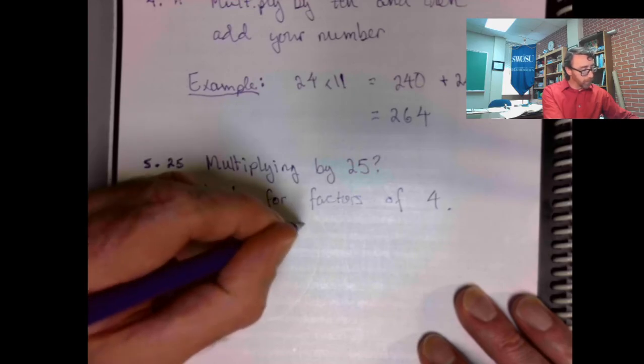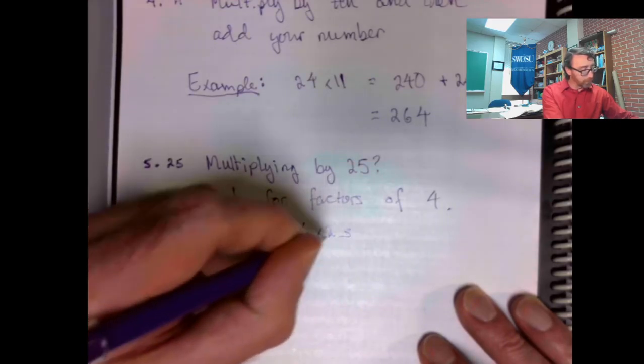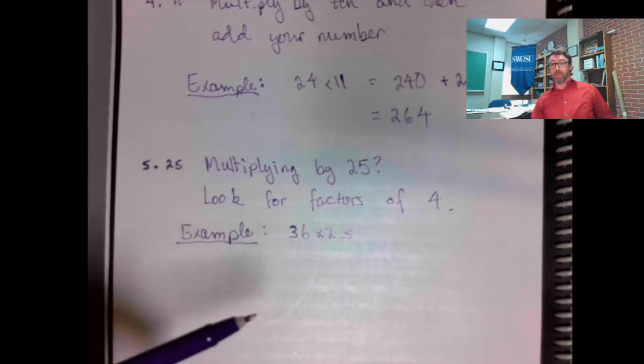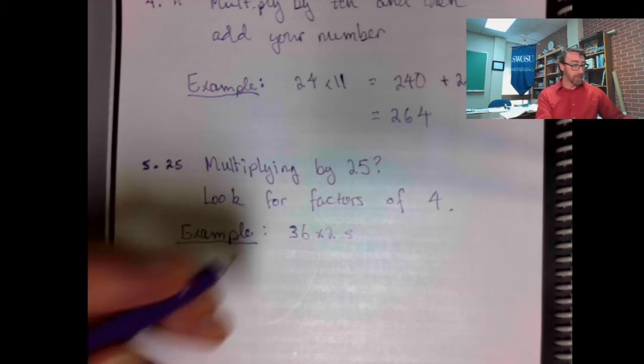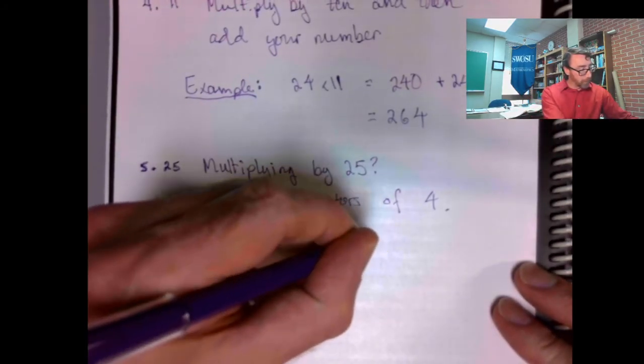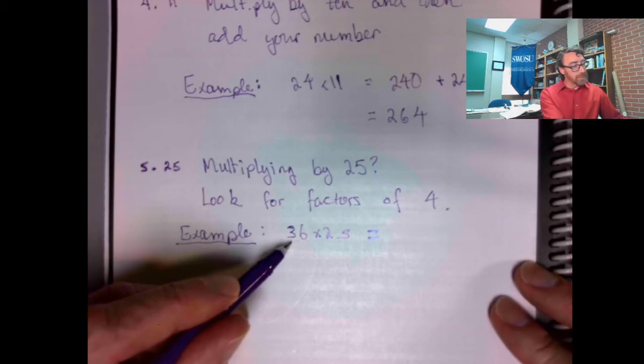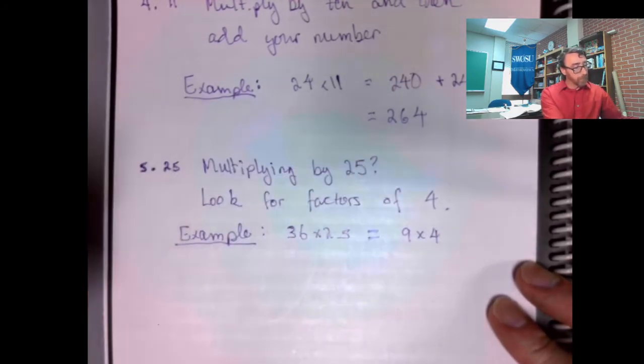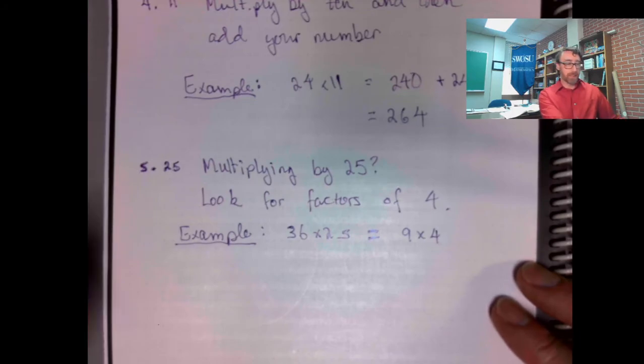Let's say I wanted to do 36 times 25. Okay, this would be a pain using the standard pencil and paper algorithm. There'd be tons of carrying, you'd have to do a couple lines. But I want you to notice something. 36 is divisible by 4. Okay, 36 is 9 times 4.